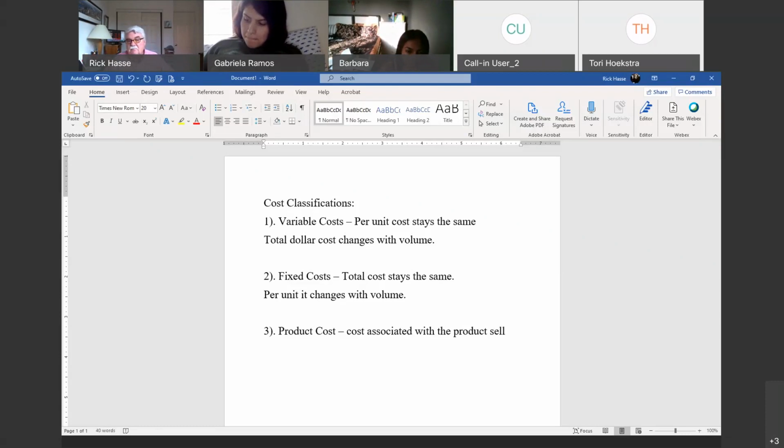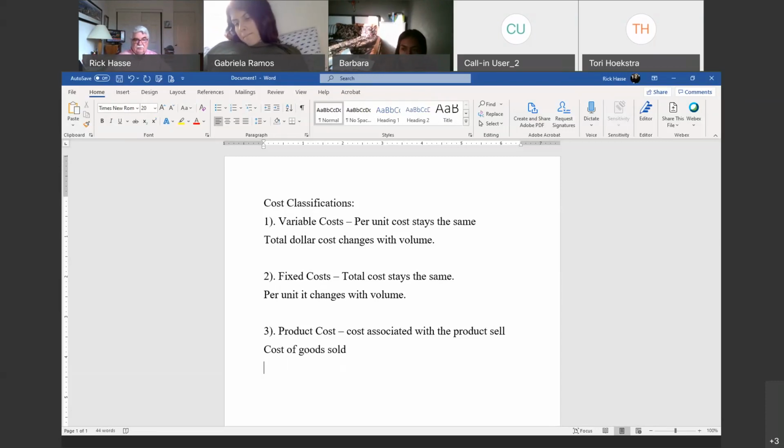Your labor to produce a product, your materials used in that product, the overhead associated with that product. Those are product costs. Many times the product costs are in the cost of goods sold. Cost of goods sold is your product cost, what it takes you to produce your product.